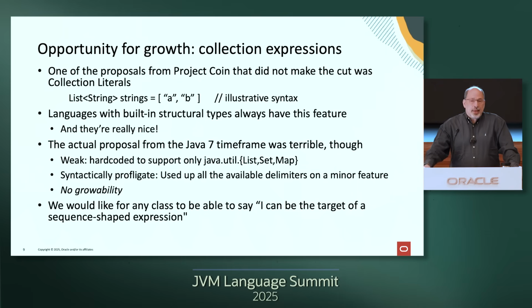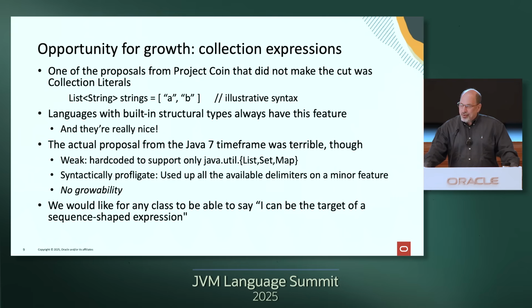The proposal that was made in the Java 7 timeframe was, in my opinion, terrible. And it was terrible in multiple ways. It was not growable. It was hard-coded to support only three distinguished library classes: java.util.List, java.util.Set, java.util.Map. And remember what I said before about what a smell it is to have a hard-coded list of classes in the language spec.